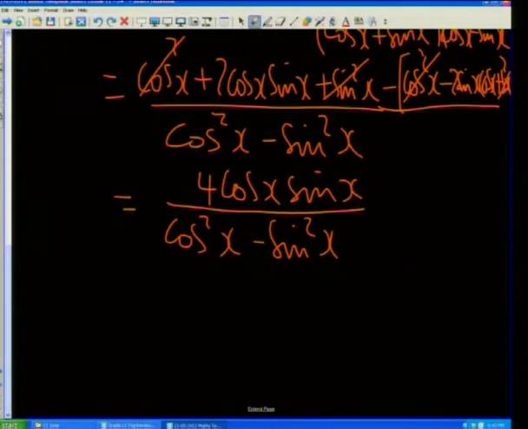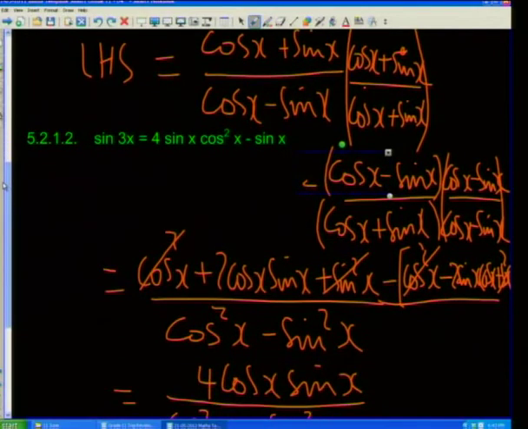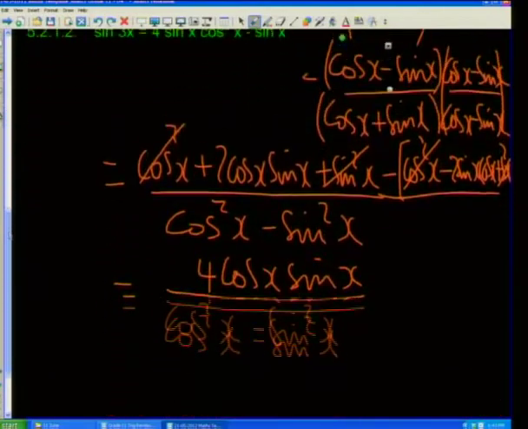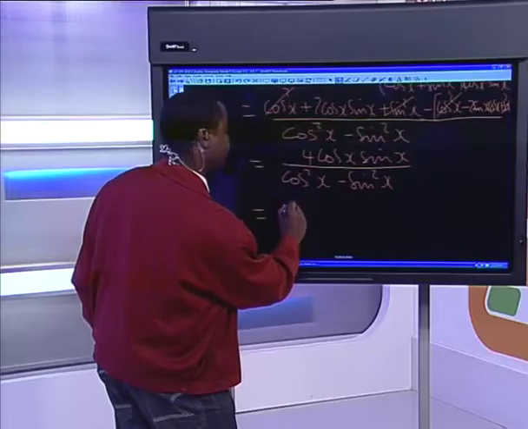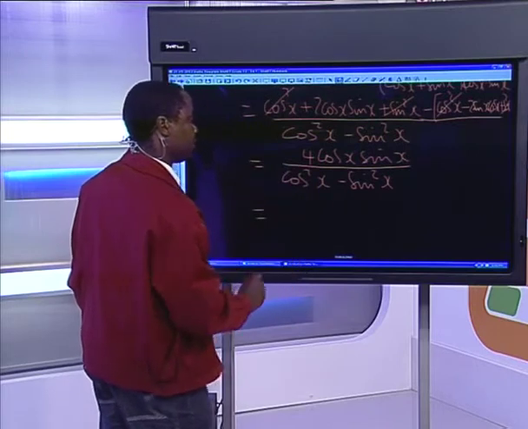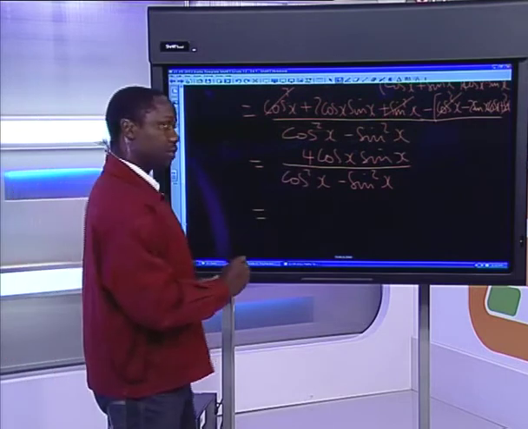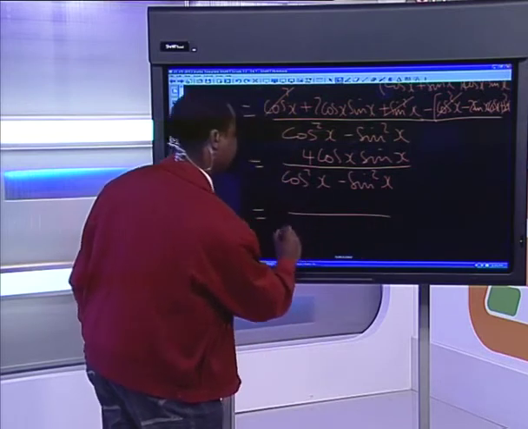Let's not lose track. We want to show that we are going to end up with 2 tan 2x. So what you see at the bottom can be turned around using the double angle formula.